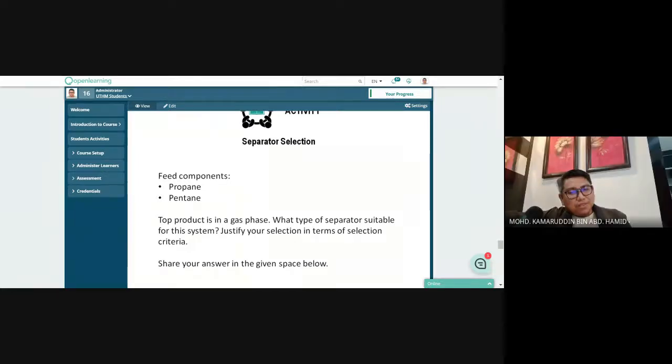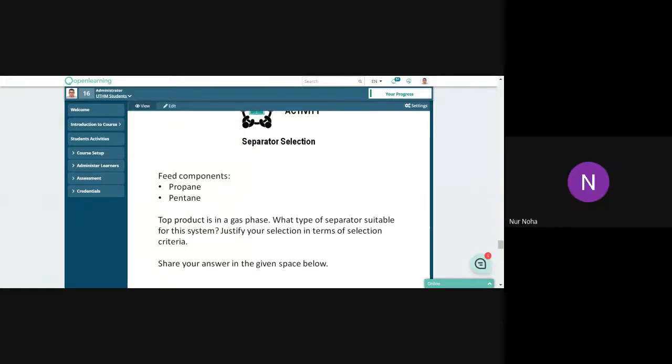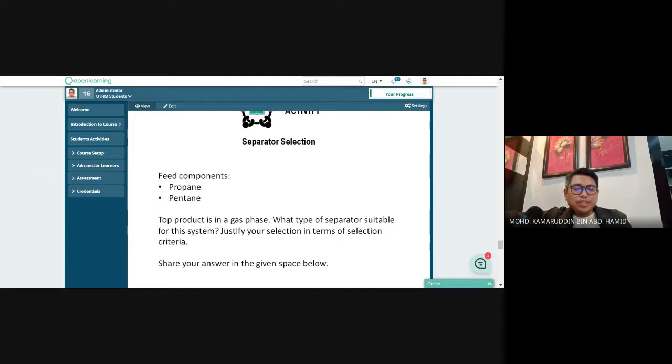Betul ke? Are you sure? You tak boleh jadikan propane tu sebagai liquid, sebagai vapor. Then you change the feed condition. Make sure the propane is in the gas phase before coming into the flash drum.